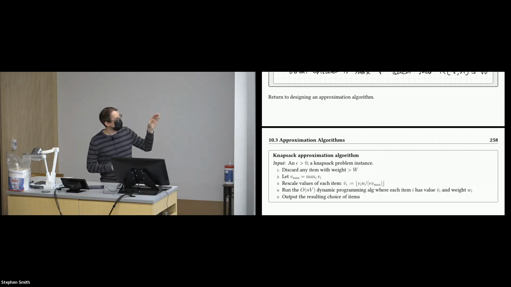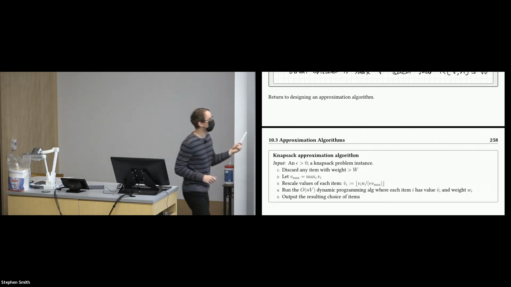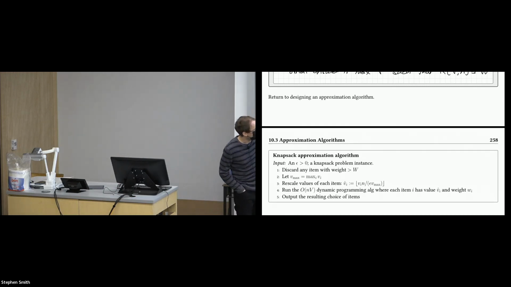And then rescale all the values in the following kind of weird looking way. The new value is the old value divided by Vmax, or maybe it's better to read it like that, v_i divided by Vmax times n over epsilon. And I take the floor, so it's an integer. We'll figure out why I'm doing exactly this.